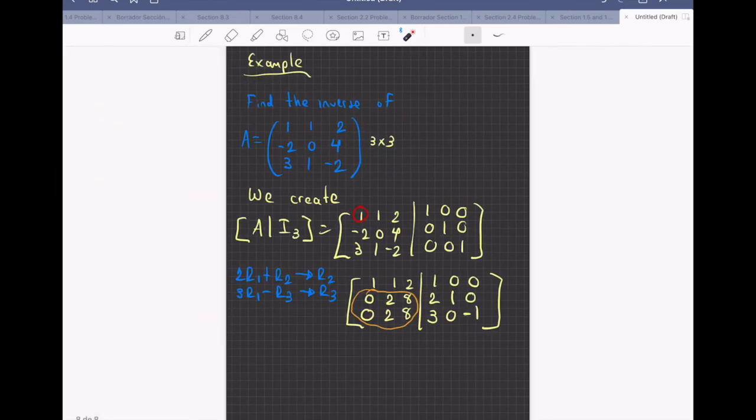So in this case, because of 2 rows equal, no inverse for A. You see? If not, I will have to continue until I am able to turn all of this side into this side.